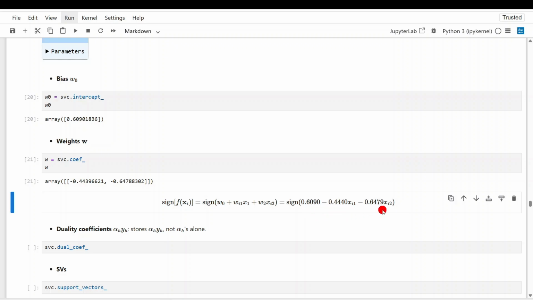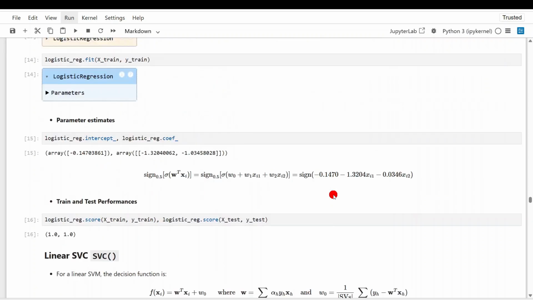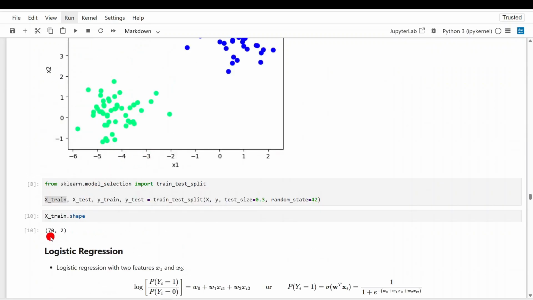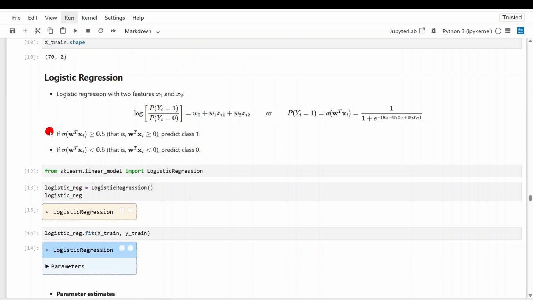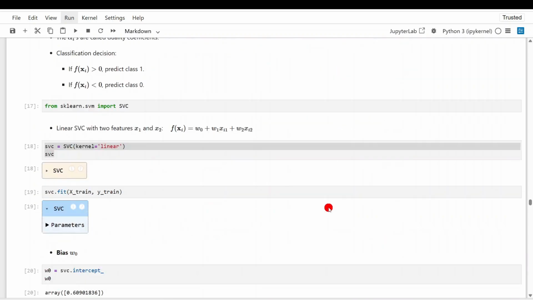Therefore, this decision boundary and the one that we obtained with the logistic regression model are different. Here, the logistic model is estimated using all the points included in the training set. The training set has 70 observations, so all these 70 observations contribute to estimating this decision boundary.